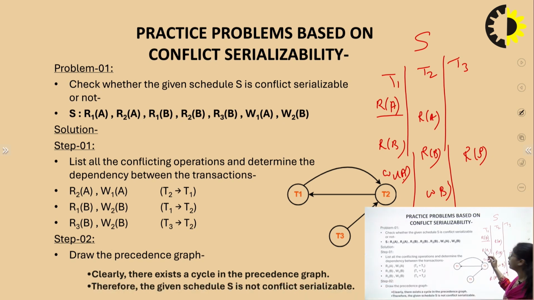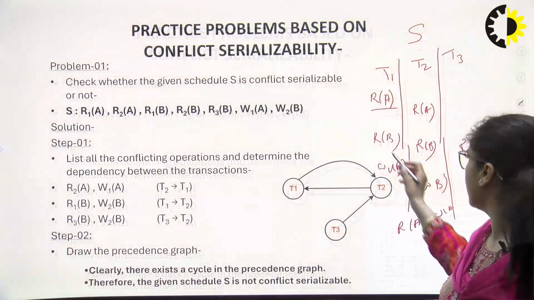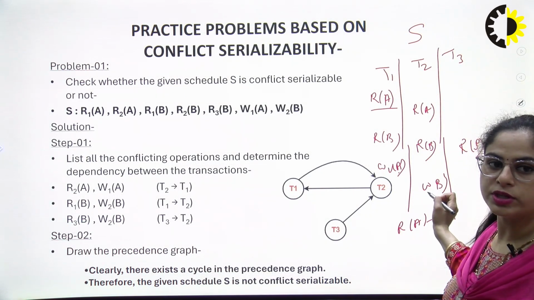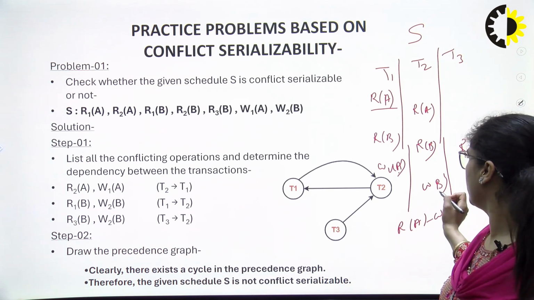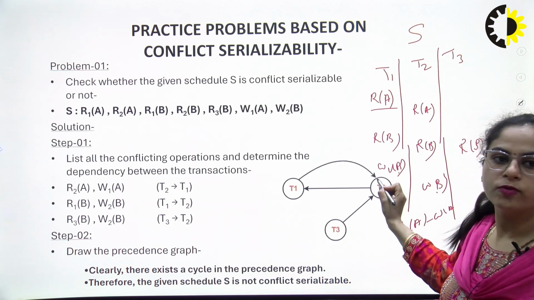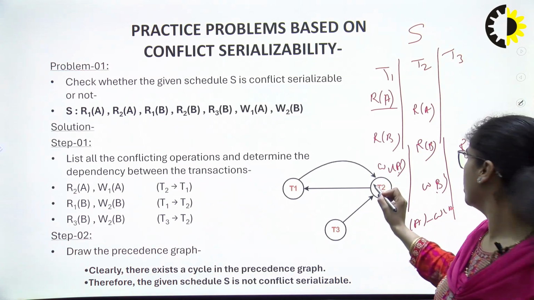After that check for the read of B of T1. Is there any conflict pair in transaction 2 or transaction 3? Yes, T2 has a write operation on the data B. So one edge is drawn from T1 to T2.